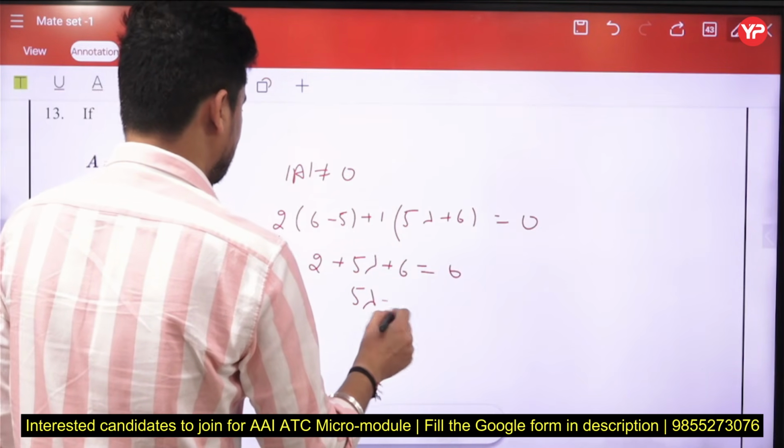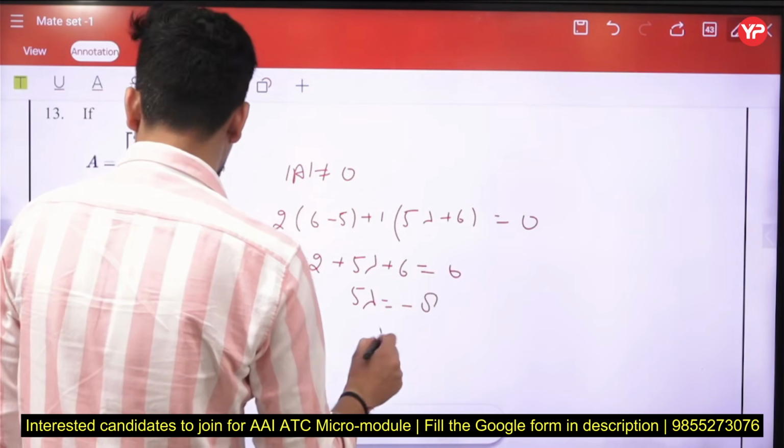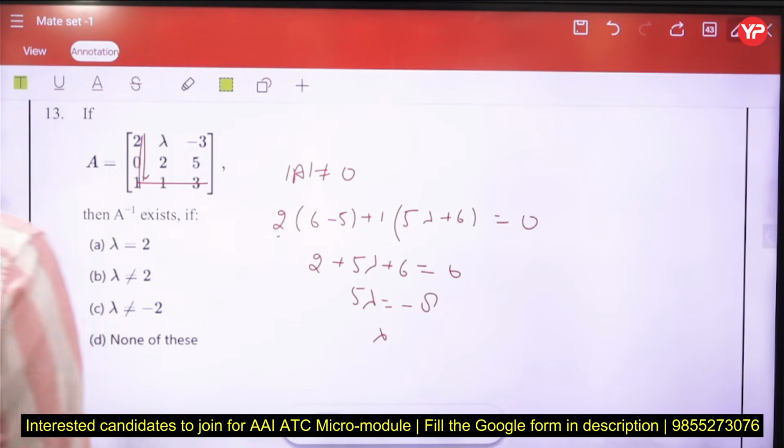So 5 lambda is equal to minus 8, and lambda, we made a calculation mistake, plus minus plus, right? Correct. So that becomes, if I expand with respect to 2, 6 minus 5, then we will have the plus 1. Next one is plus 1.